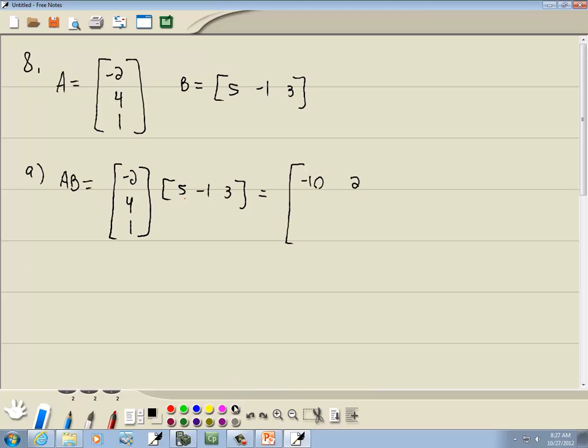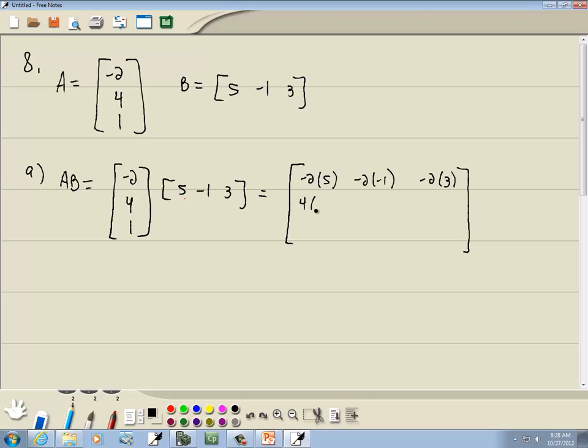There we go. Then we take this first row times our third column. And actually, maybe let me write those all out, and then quit being so lazy here. First row times first column, we got negative 2 times 5. First row times our second column, negative 2 times negative 1. First row times our third column, negative 2 times 3. Then our second row times our first column.